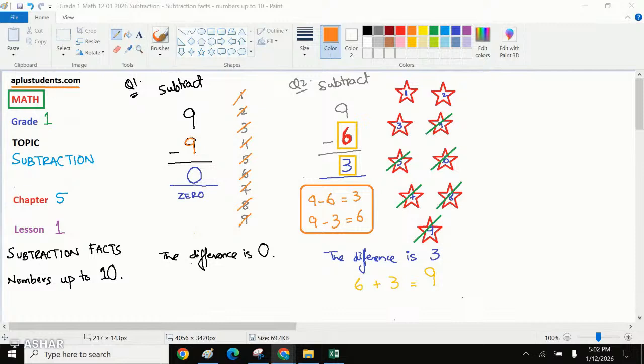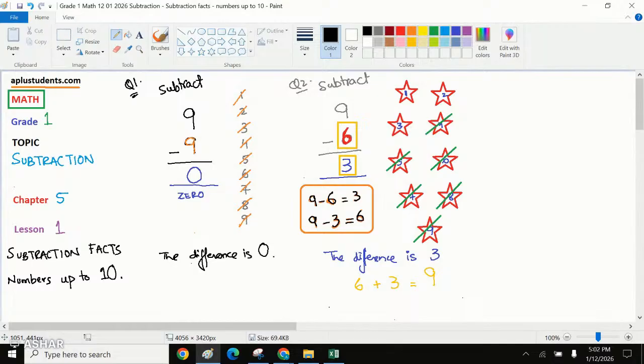What we are doing today is looking at the subtraction facts. Like if a bigger number is given to us, we subtract one number, so we get the difference over here, right? So 9 minus 6 was 3. The difference was 3, right? So if we subtract 9 minus 3, then the difference would be 6.